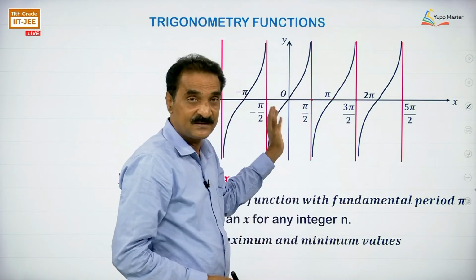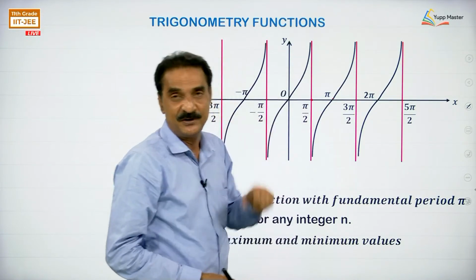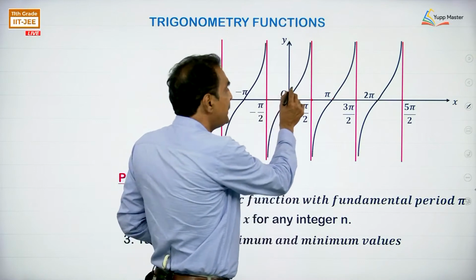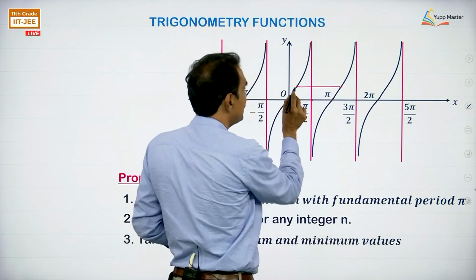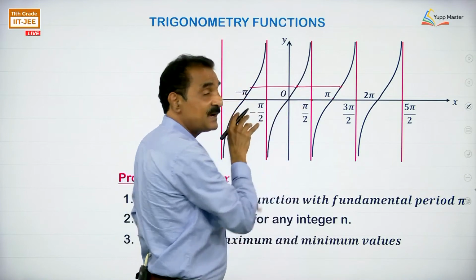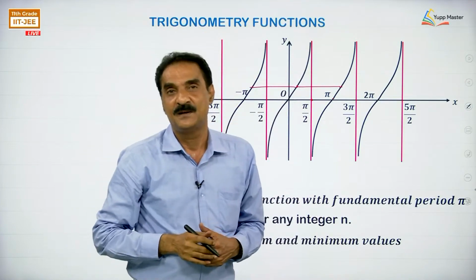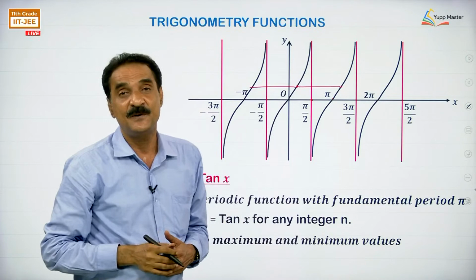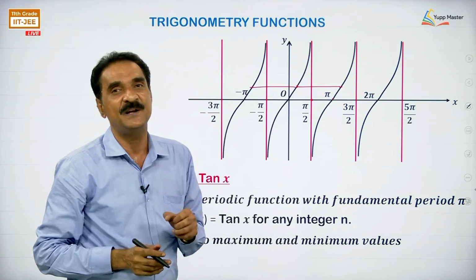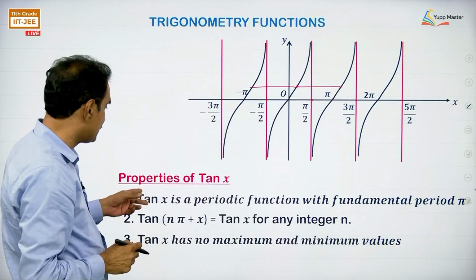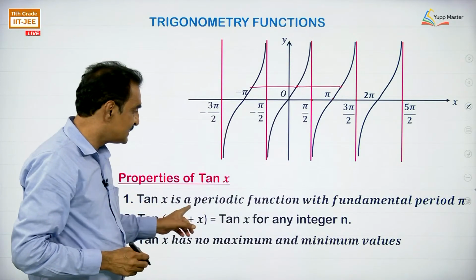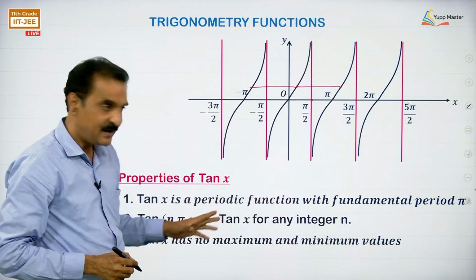In case of tan x, it is repeating for every pi units. If you take any point here, by moving pi units towards right or towards left, you are getting identically same position. So, tan x is a periodic function with fundamental period pi.